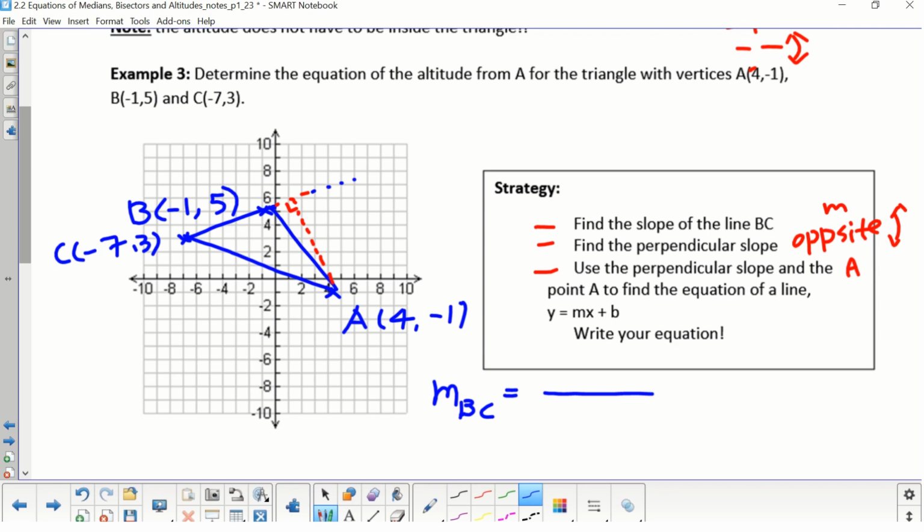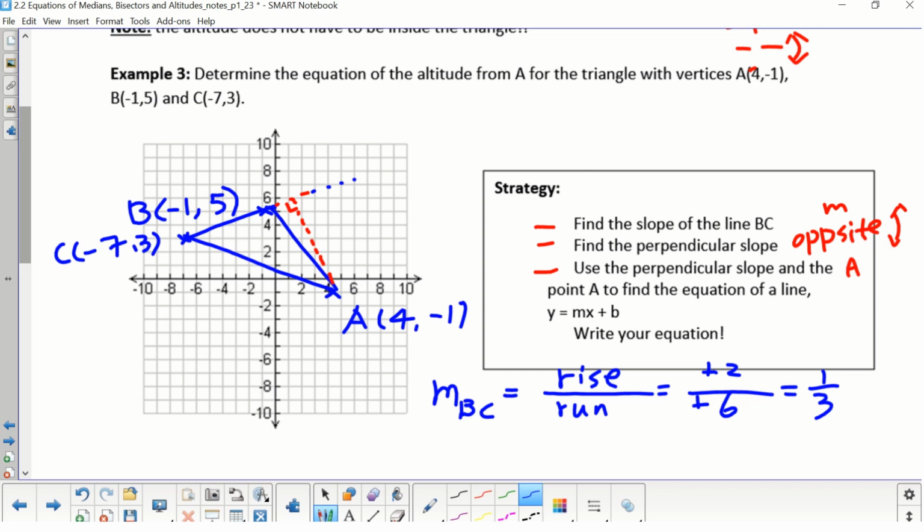Not midpoint, slope. Midpoint is average, slope is rise over run. So find the rise over run. Max, do you want to try? -2, -6. Okay, -2 over -6, you have 1 over 3. It's good. Or you could do +2, +6. It's up to you which way you go.